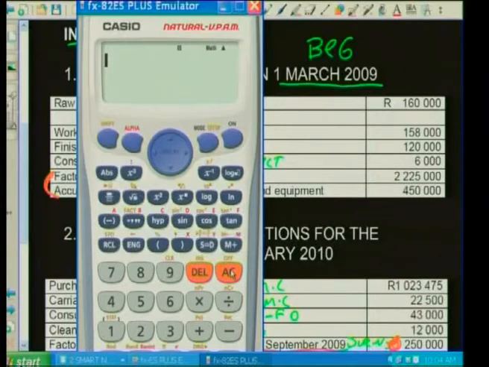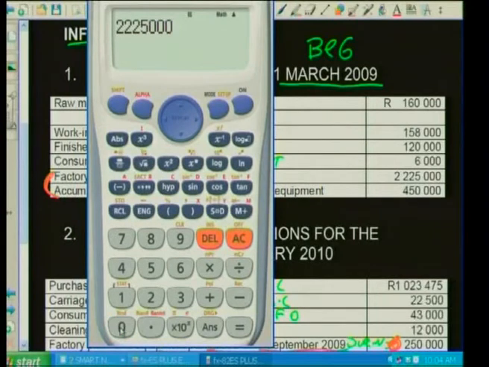So let's get those calculators out and let's calculate your depreciation. Remember, we're taking cost minus accumulated depreciation. Okay. We're going to subtract our accumulated depreciation of 450,000 to get a carrying value of 1,775,000.